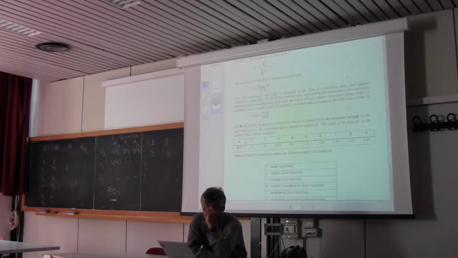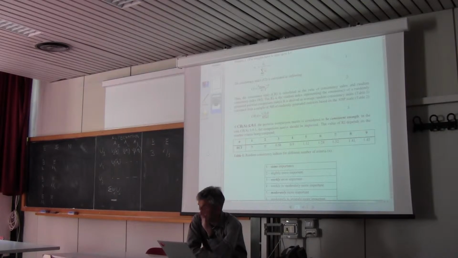the consistency of a matrix that is randomly generated under the only condition that it is antisymmetric. Meaning that if you don't care at all about consistency and you just shoot the numbers, taking care only that the matrix is antisymmetric, of course you obtain an evaluation which is random.